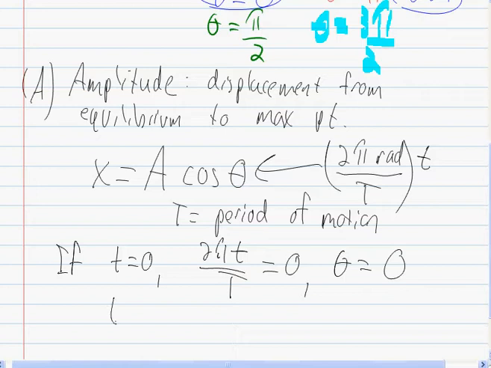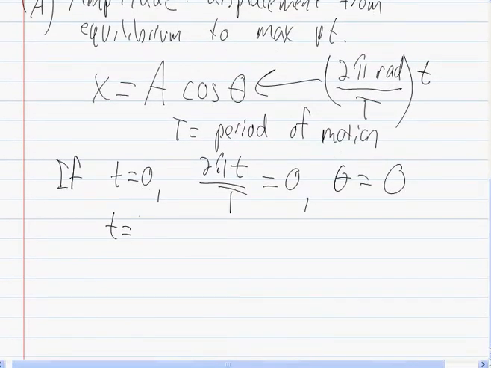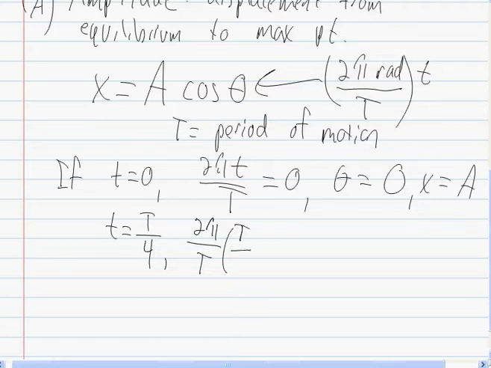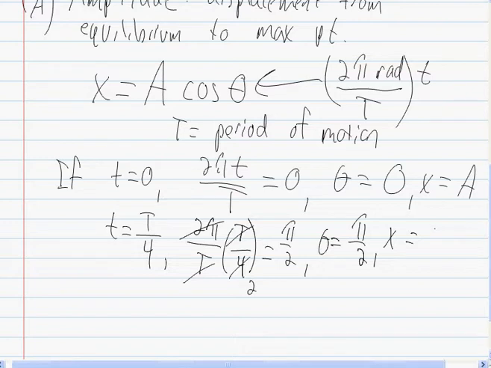By the way, this means that x equals A. If we go a quarter of the way through the period, so t is going to be capital T over 4, then 2 pi over T times the quarter of the period, those divide out, that leaves 2 pi over 2, which means theta is pi over 2, and x equals 0, because remember the cosine of pi over 2, cosine of 90 degrees, is 0.